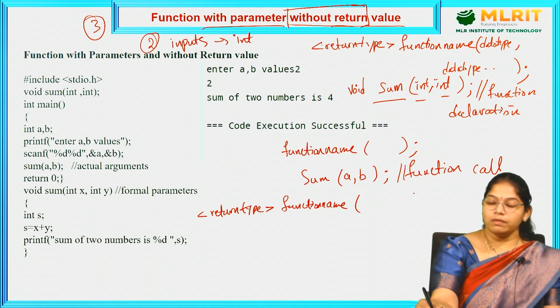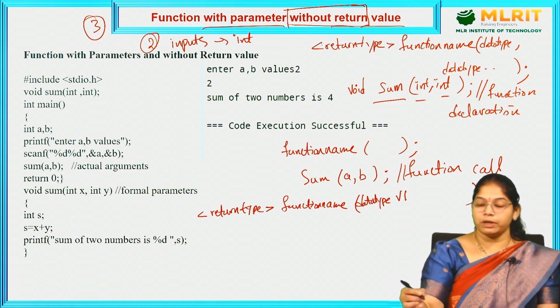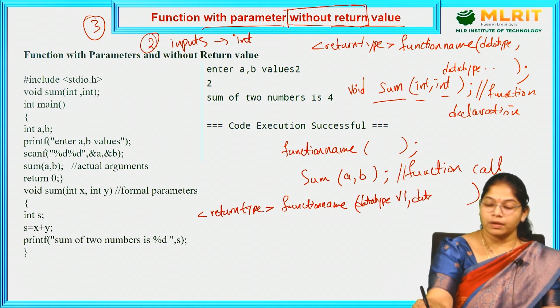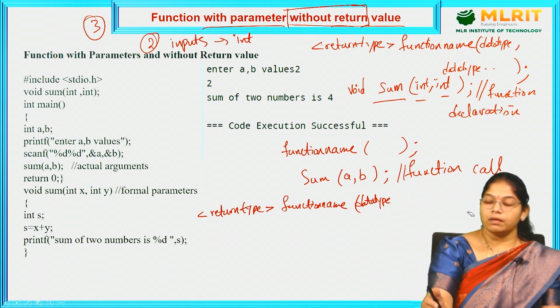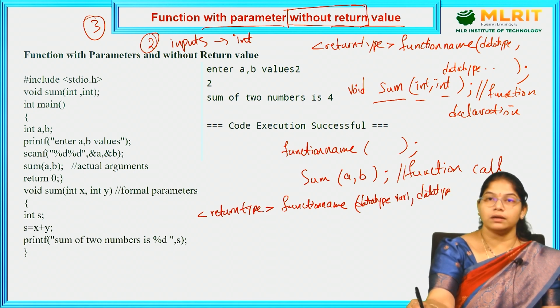Here we'll write the parameters, those are the list of arguments: data type, variable name, let us suppose var1, data type, variable 2.